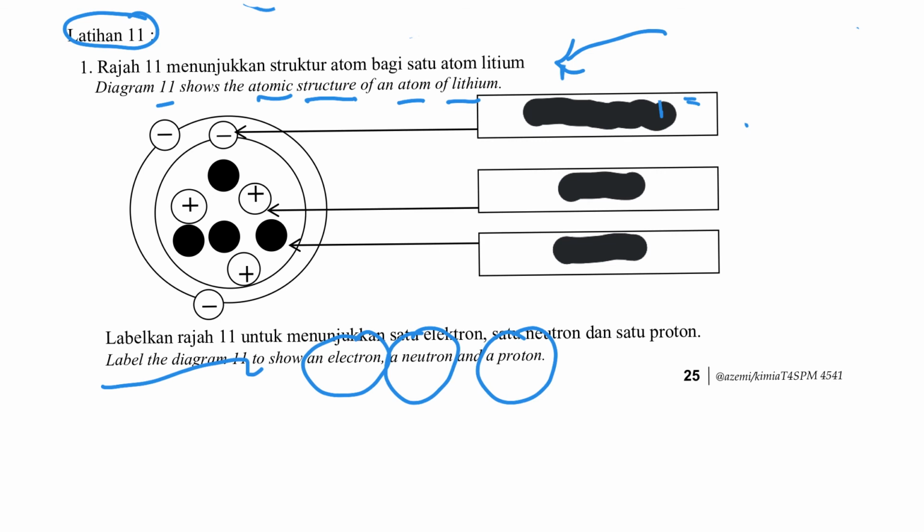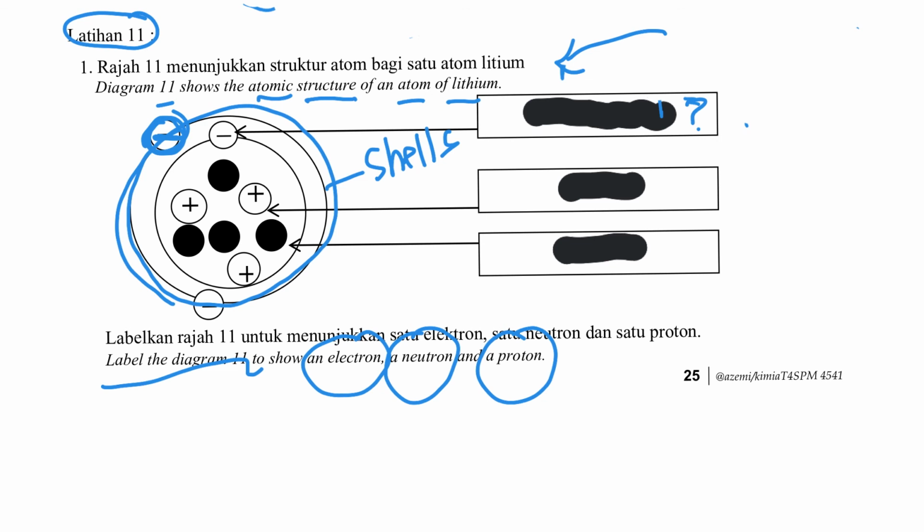I am very sure that everybody has understood that around the atom are the shells. Okay, they are shells, and on top of the shells there are negatively charged particles. That negatively charged particle, what is that?